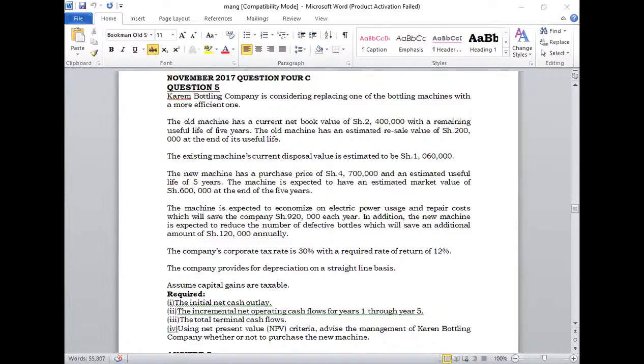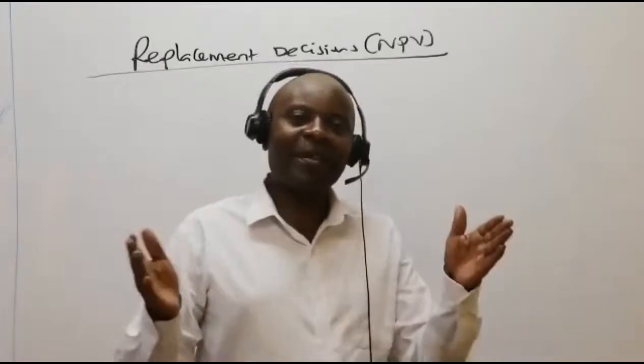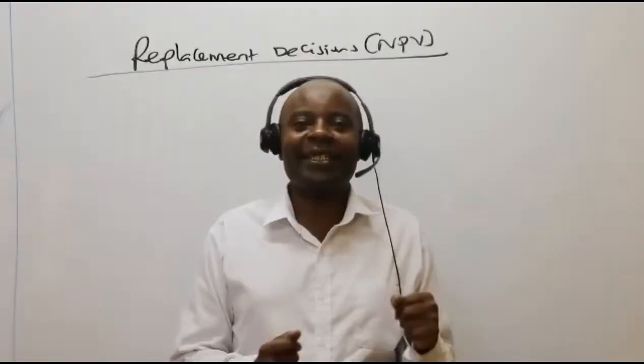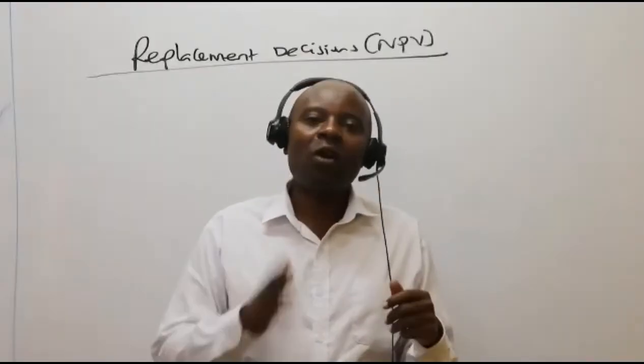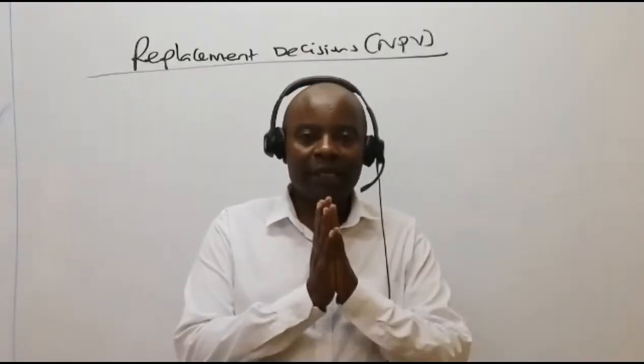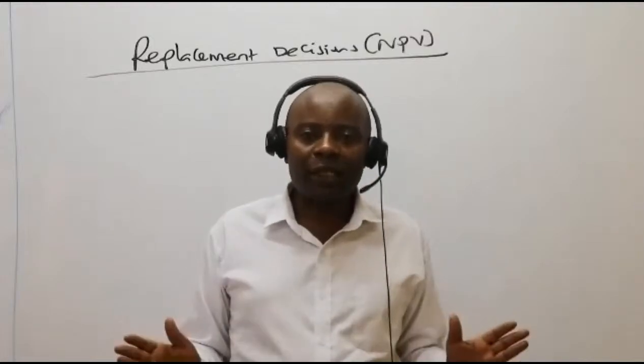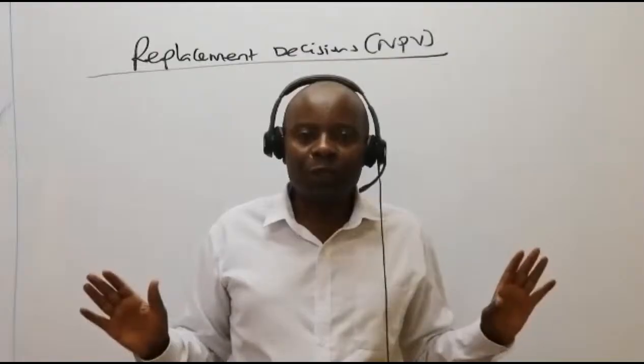Ladies and gentlemen, if it is a replacement question, these are the basic steps. In this case, somebody tells you to sell your old machine, and most certainly you are going to make a loss.